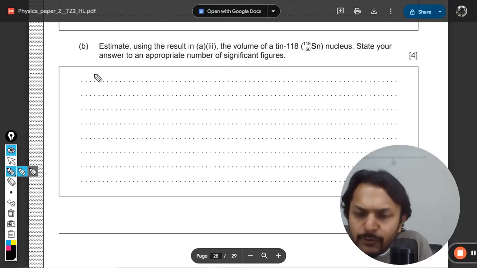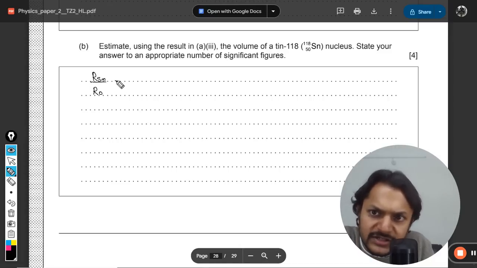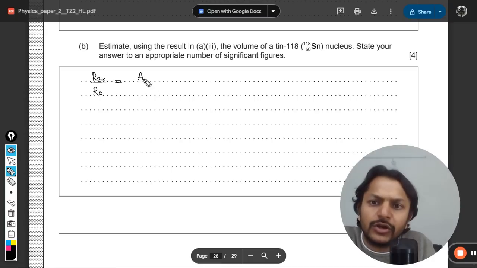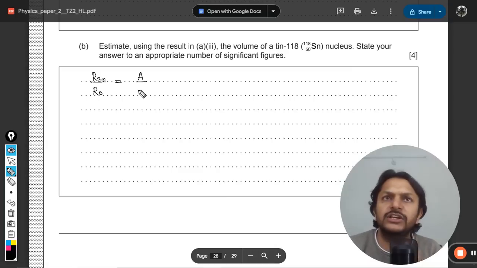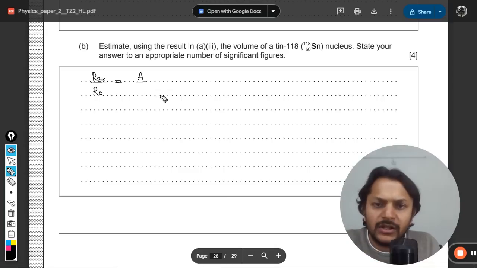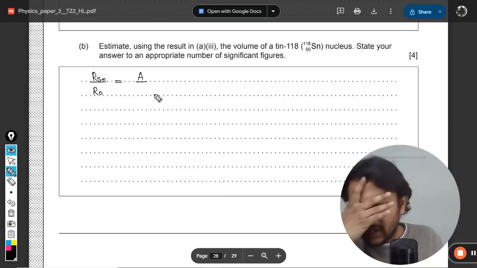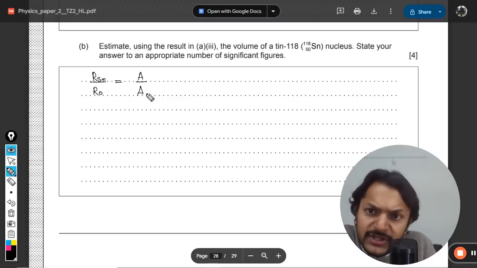So I am going to use R of tin divided by the R of oxygen is equal to the atomic mass number. No. We do not want to use that, yeah, we can use the atomic mass number here. Just a moment. R is equal to R naught, that we will not be finding. Yeah, let us go for this. So this will be the mass number of oxygen.